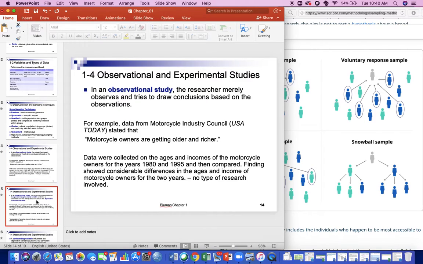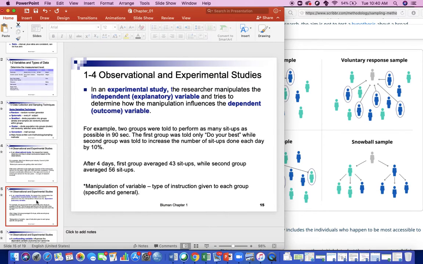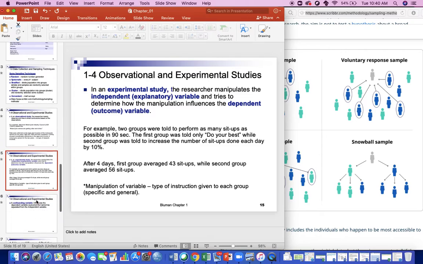And for the experimental, the researcher is going to manipulate the independent variable and dependent variable in the experiment process.